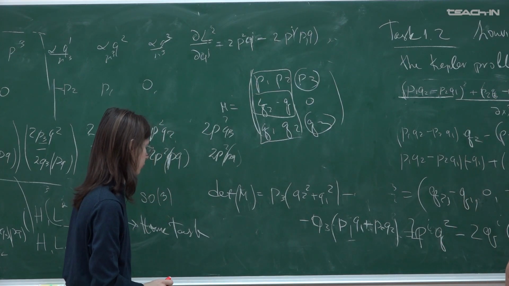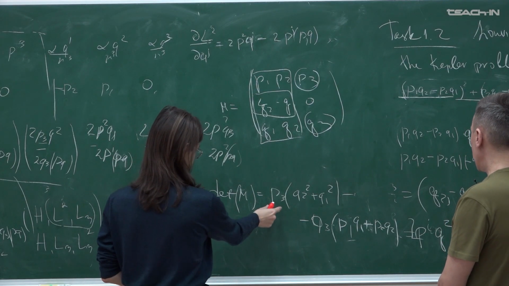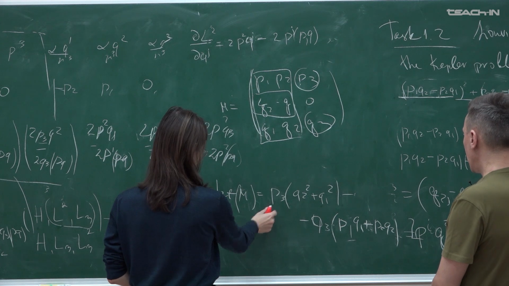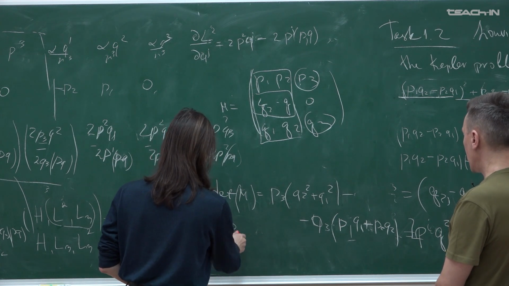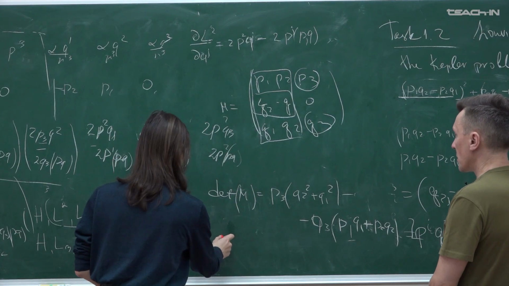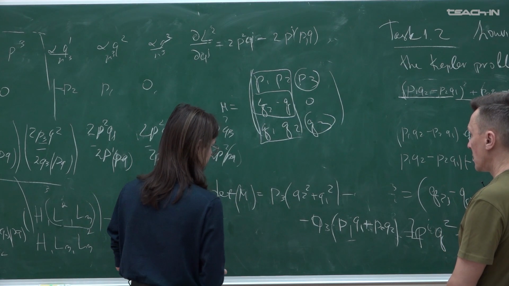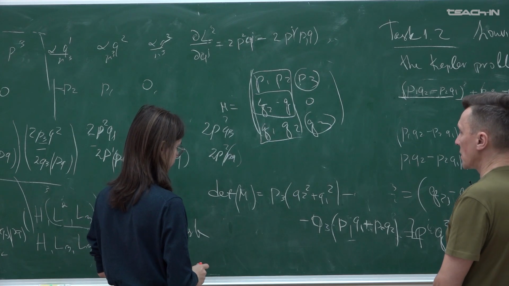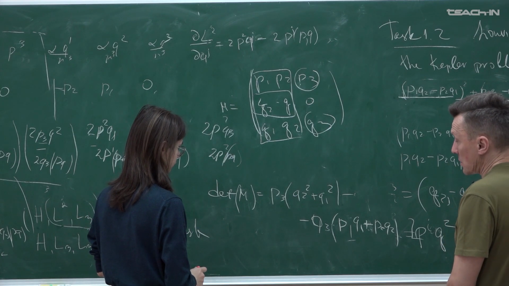So we have to say that it is a non-trivial polynomial. Okay? So in a generic point, it is not zero.